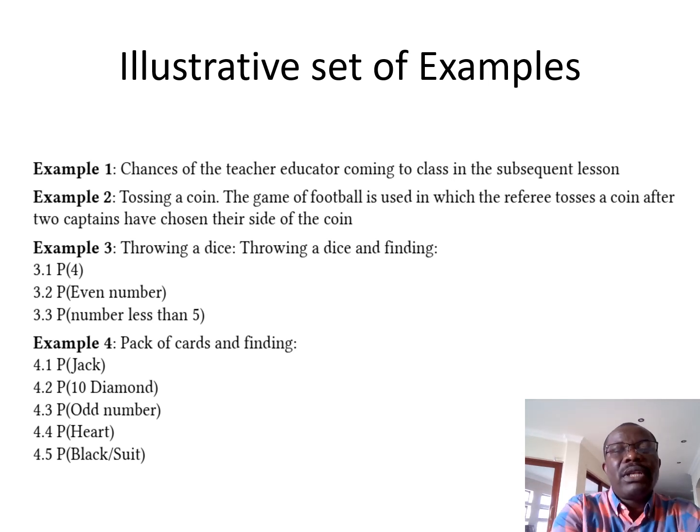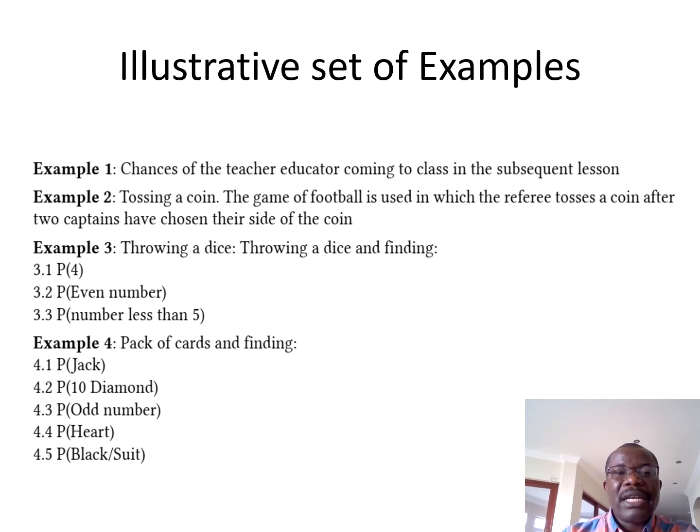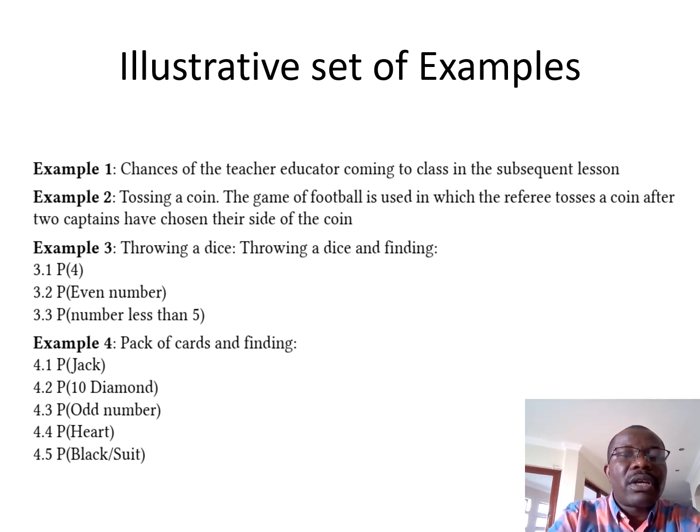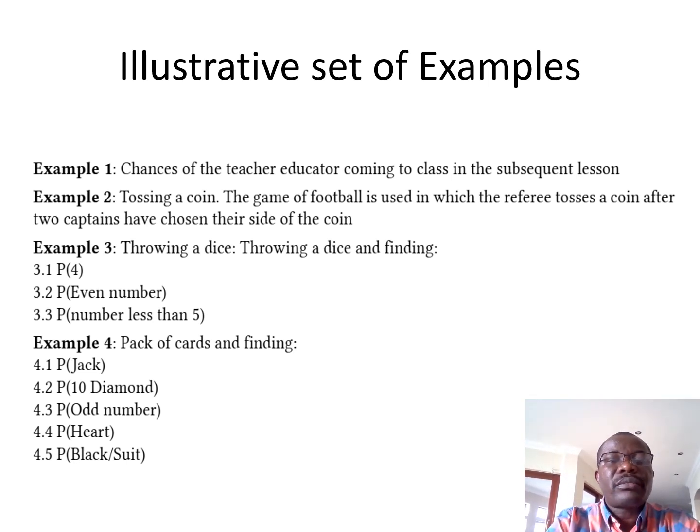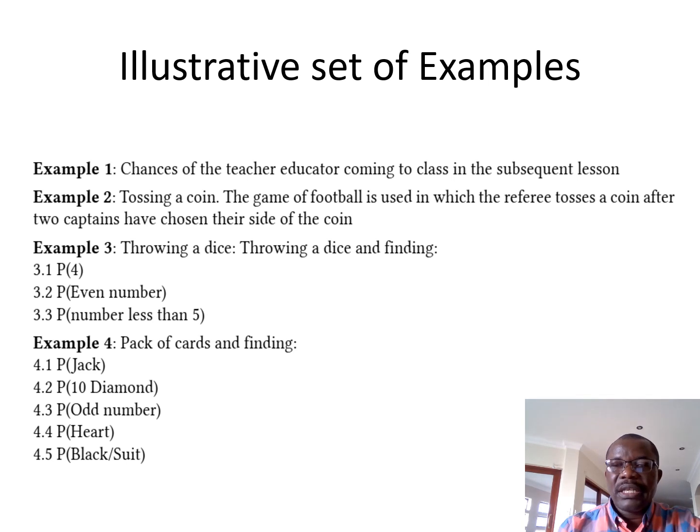I'll try to be brief. When we look at the first one, the chance of the teacher educator coming to class, there are two possibilities: he's either in class or not in class. In example 2 also, there are two possibilities.